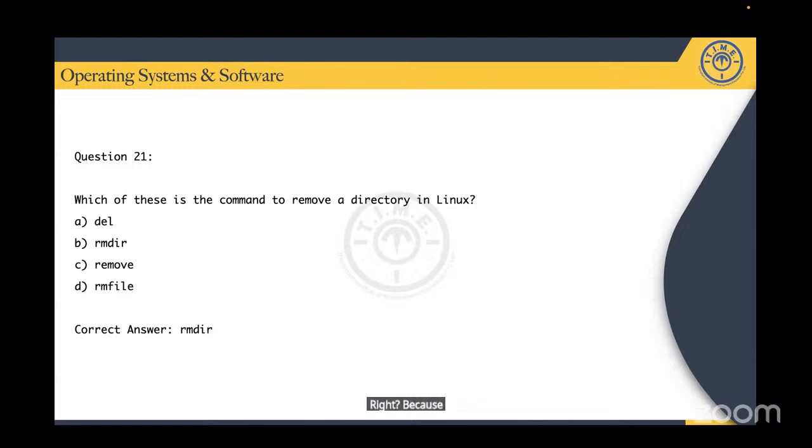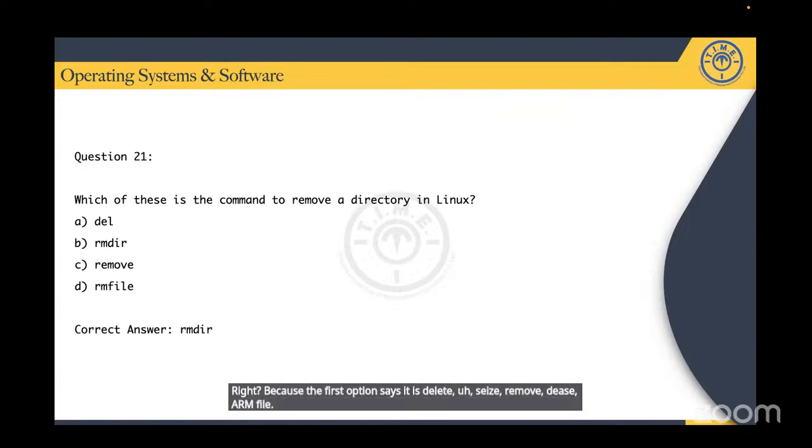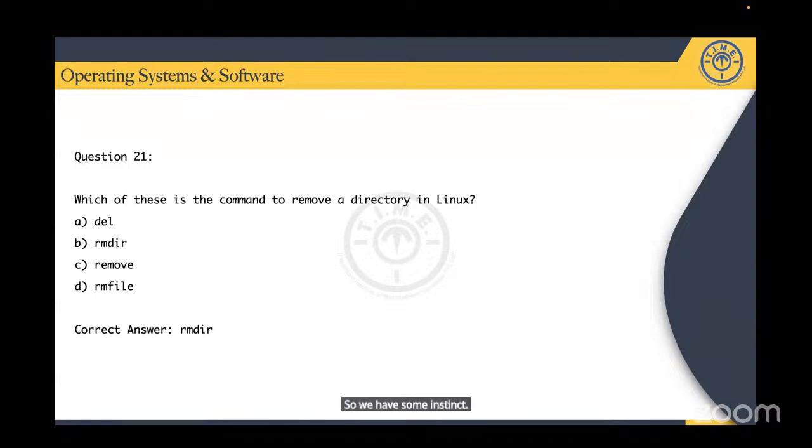Because the first option is delete, C is remove, D is RM file. So we have some instinct that we can use. The right answer is RMDIR. In Linux, RMDIR means remove empty directories. RM means remove files. So to remove a file, it is not RM file, it is RM, right?